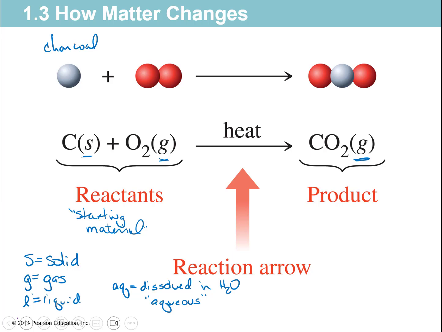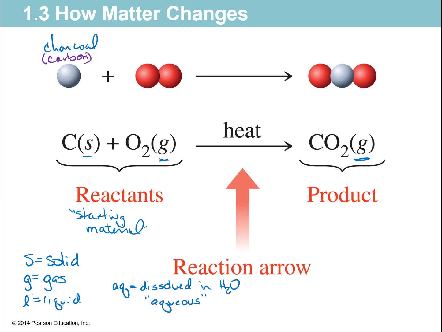So charcoal in this one, charcoal is carbon. You can use these little balls to represent this, or you could use their symbols to represent it.